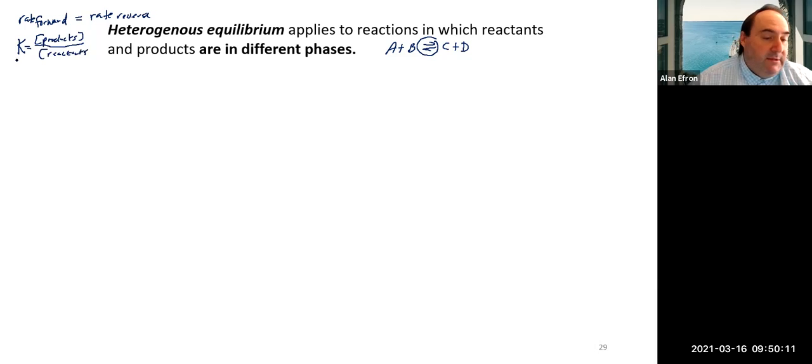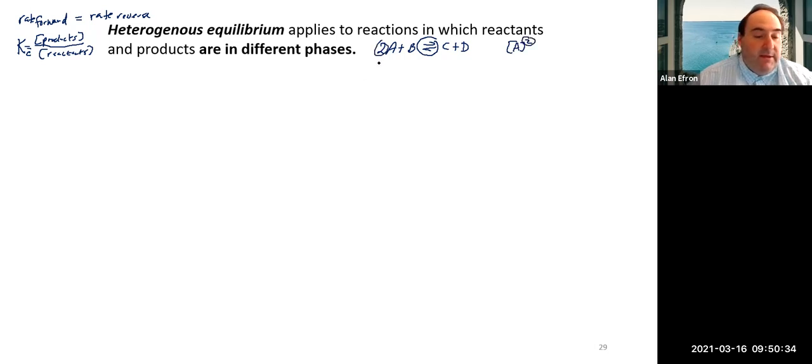When we use concentrations, that's referred to as Kc, C being for concentration. And we do take the coefficients into account. So if there was a coefficient, say a 2, it would be squared because of that coefficient.